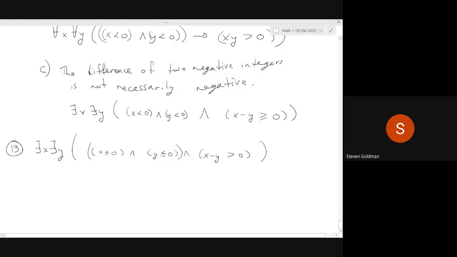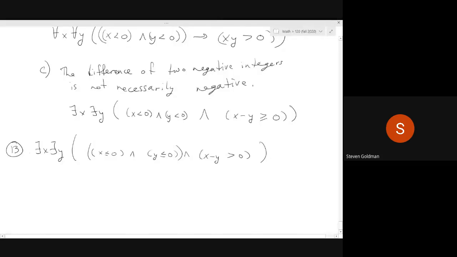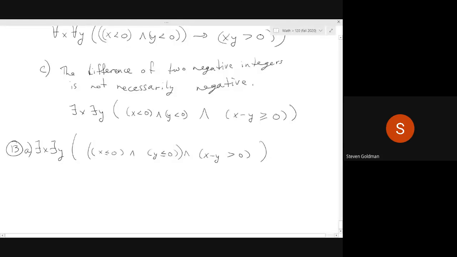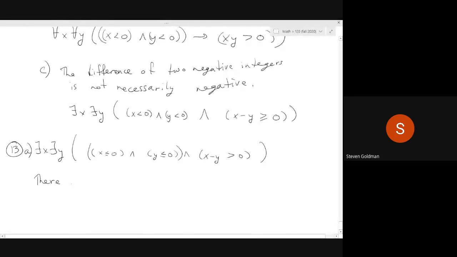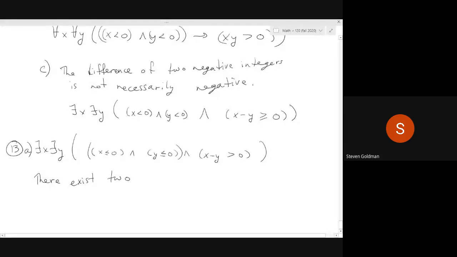Okay, so this statement is actually very similar to the one just before. Again, there were a couple of ways you could have written it. So I would write it as follows. One possible option would be to write it this way. If x and y are less than or equal to 0, then they are non-positive. Right? That's one way of saying it. So you could have either written less than or equal to 0, or you could write non-positive.